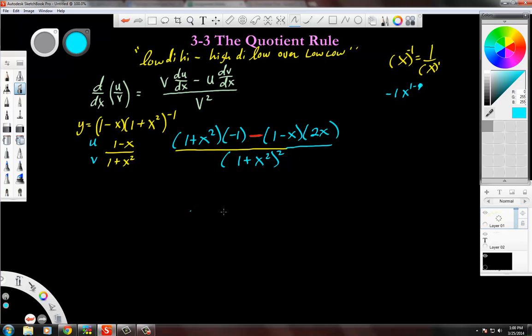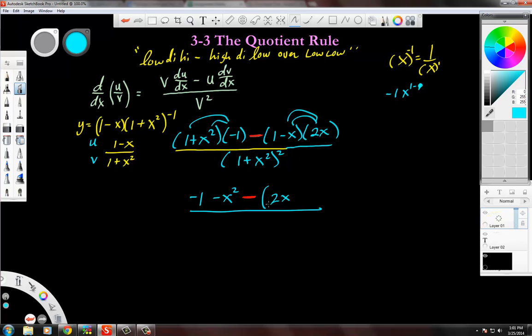Okay, and now we're going to clean up the top. I'm going to take -1 times each one of these terms, so that's going to be -1 minus x squared. And then I'm going to keep this minus sign in red. Back to my other color, and I'm going to distribute this through here before I go changing any signs. So it's going to be 2x times 1, that's 2x.